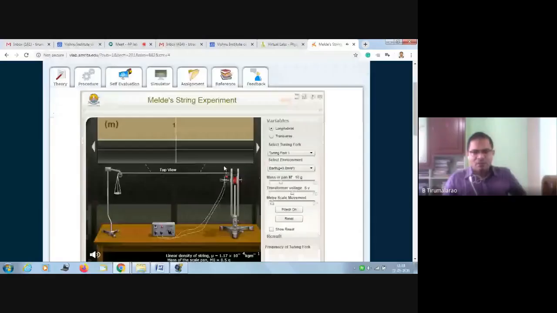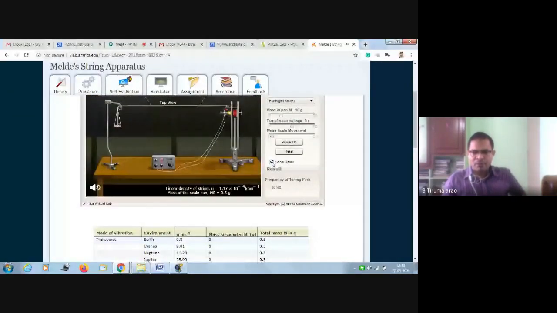If you switch off, no loops are formed. Switch on, loops are formed. The loops are in the direction of the longitudinal wave.